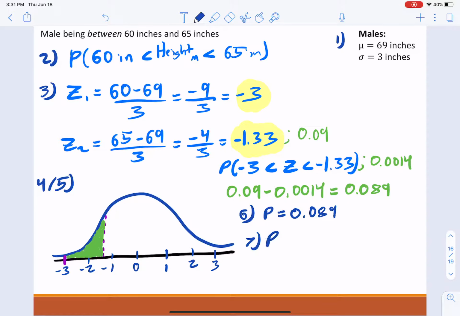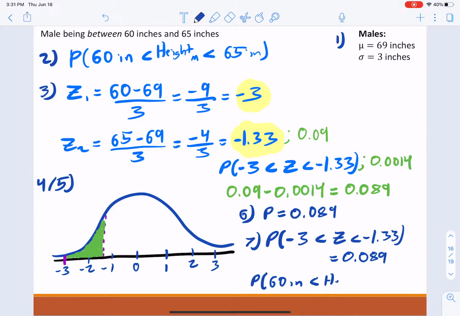So the probability of z being in between -3 and -1.33 equals 0.089, or the probability of selecting someone who is a male in between 60.